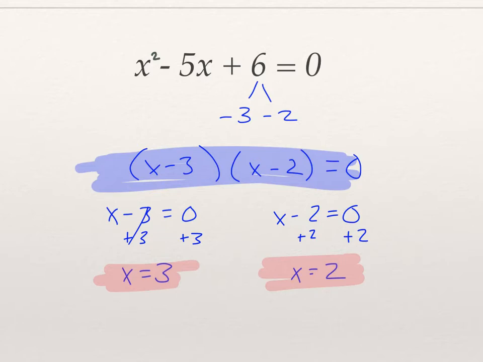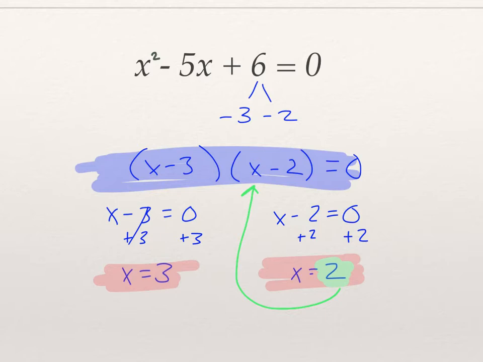I'm lost. If we plug 2 into here, what's x minus 2? 0. So if we take 2, which was one of the answers we found, and plug it back in for x in our equation, we get x minus 2, or 2 minus 2, which is 0.